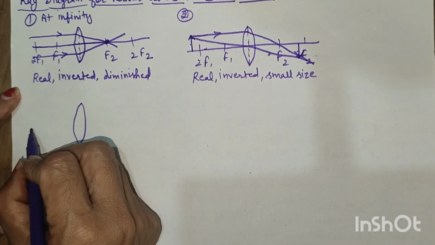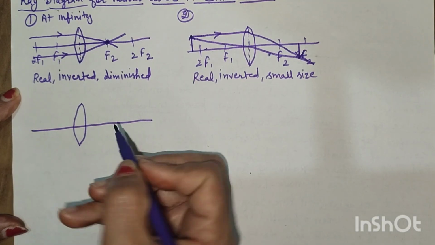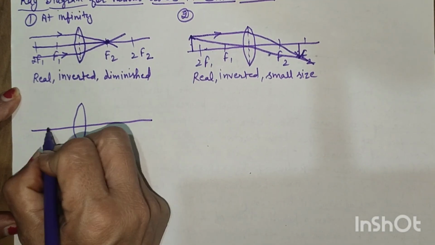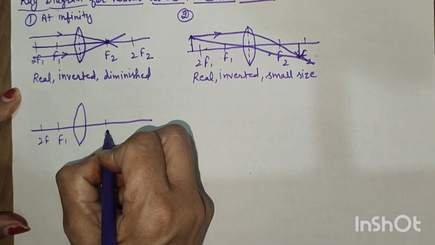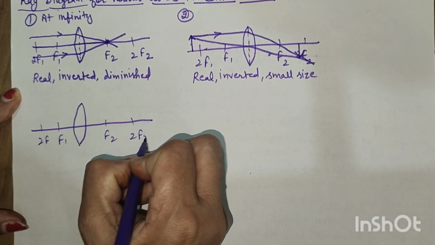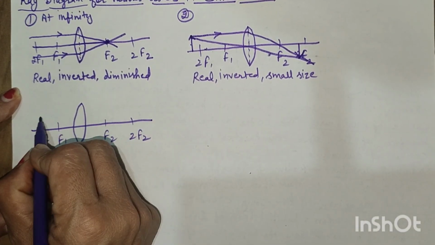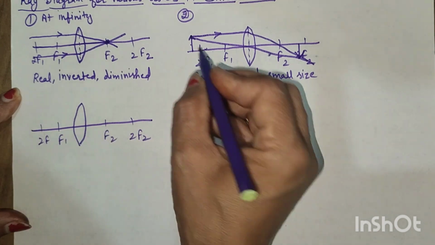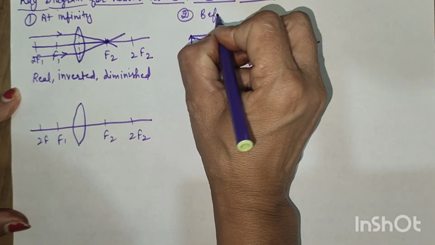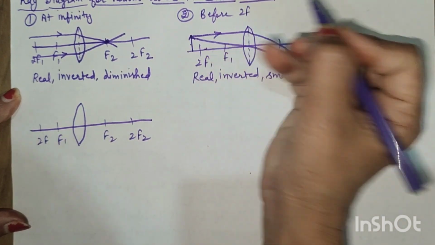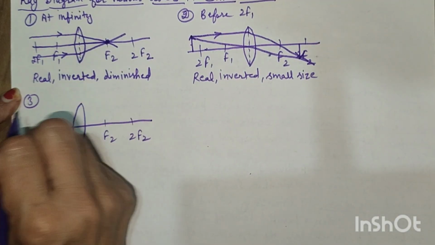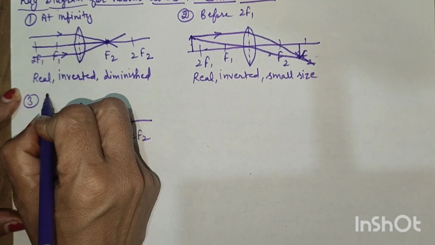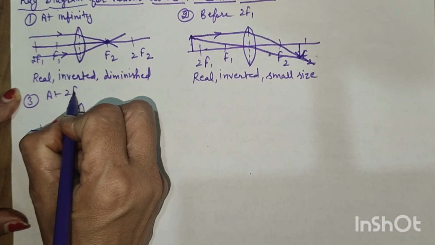Draw the convex lens, F1 to F1, F2 to F2, and the object is here before 2F1, at the 2F.